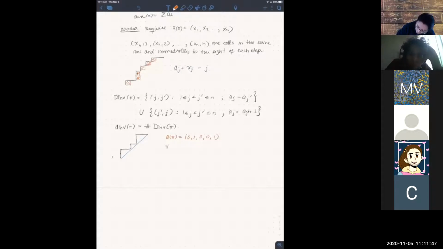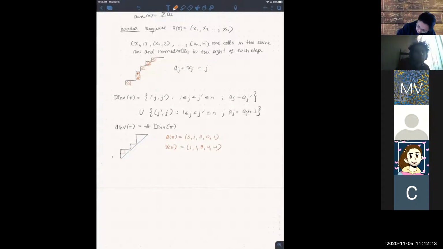I'm just counting the number of boxes in the area per row. And then chi of pi is going to count the number of boxes in each row that are next to an up step, right? A north step. So here we're going to get 1, 1, 3, 4, 4. Because these are the x coordinates of each box.